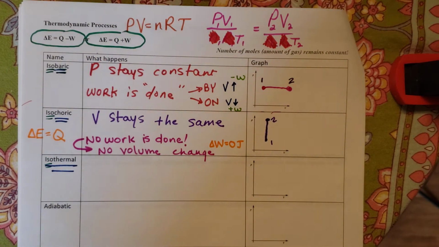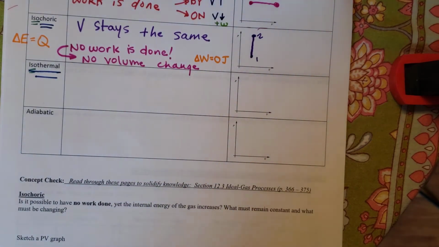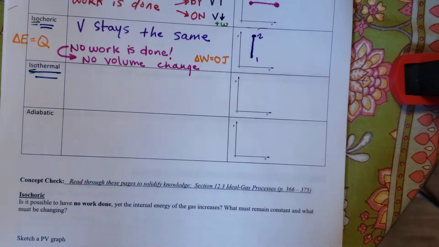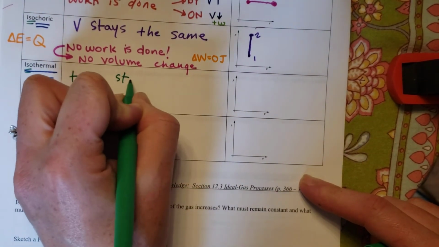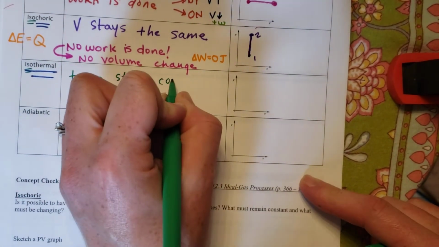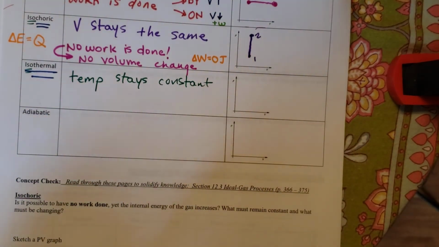Isothermal. I know you're getting good at identifying what these words mean. So in an isothermal scenario, temperature remains constant. I'm going to switch it up, use some green pens now. Our temperature stays constant.